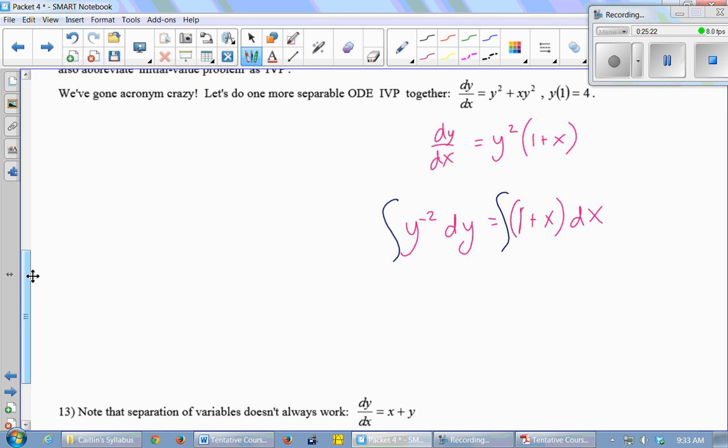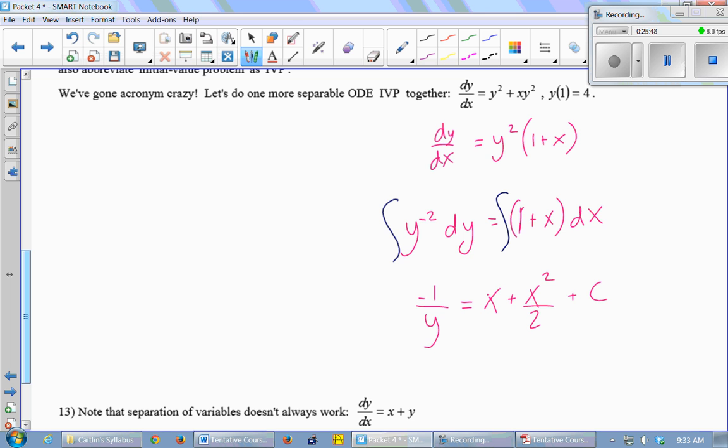You have to increase the exponent by 1, so you get y to the negative 1, and then divide by that same exponent, and that simplifies to negative 1 over y. So maybe I'll rewrite it like that. Negative 1 over y equals the antiderivative of 1 plus x, which is x plus x squared over 2 plus c.